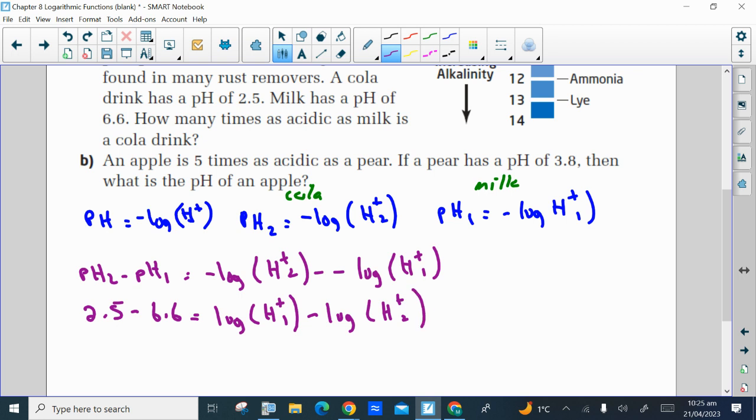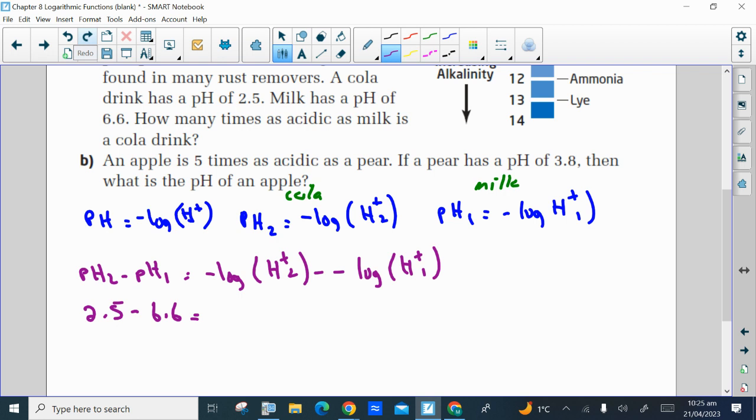But the problem with this would be that would put the H positive 1 on top. We want it on the bottom because the cola is more acidic than the milk. Okay, so that's fine. We just won't do what we just did.